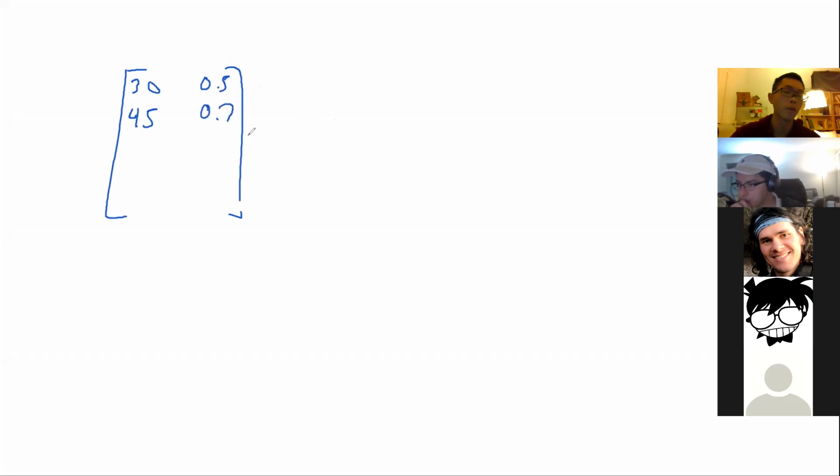When we're trying to do linear interpolation, remember the 30 and 45 kind of thing. Let's say we know what this is: 0.5, 0.7. Let's say this is our table, but we want something like 37 degrees.